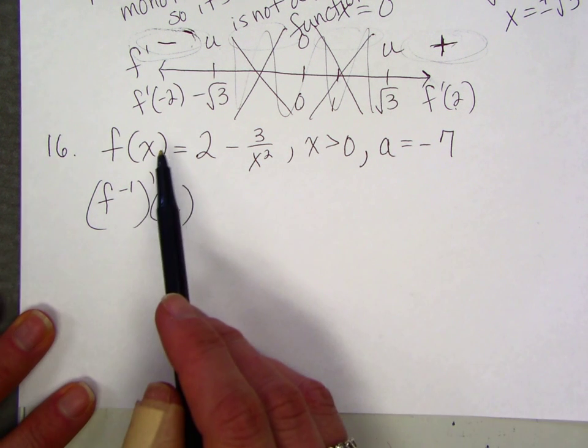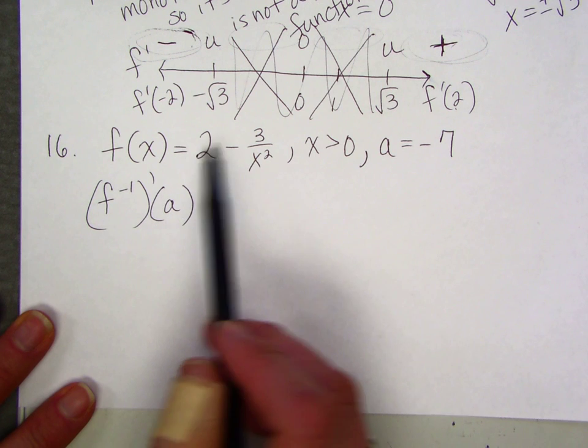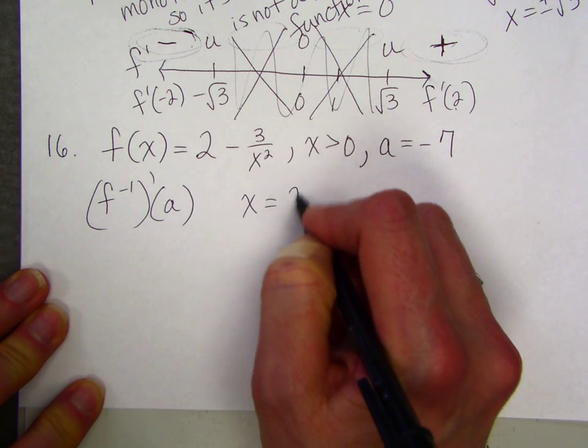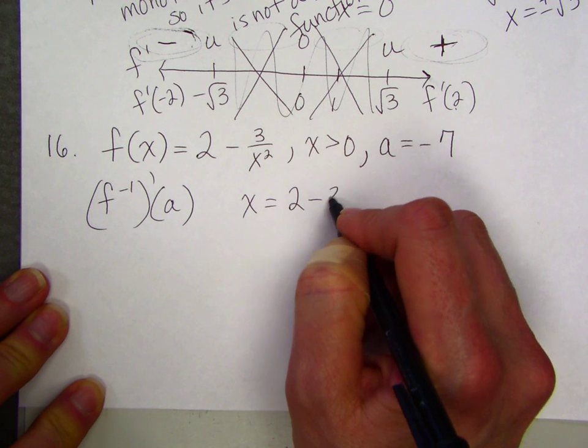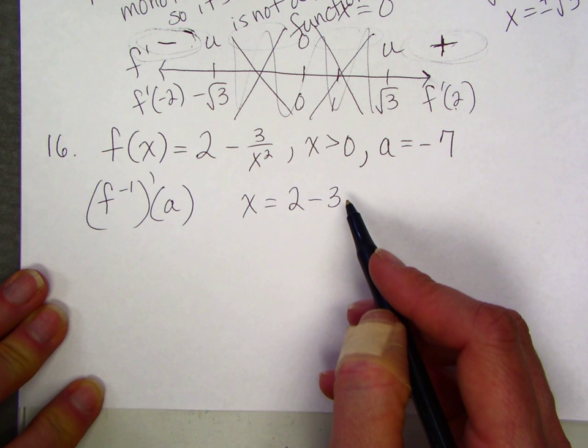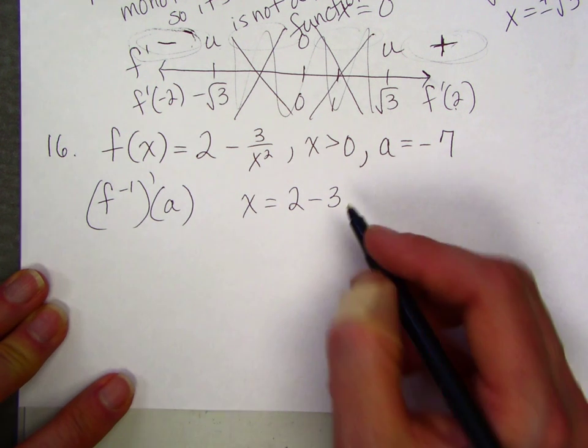And I hope you said you switch x and y. So this is normally y equals this business. We've got to write it like this. X equals 2 minus 3. Now instead of writing this over y squared, how can I write y so it's not on the bottom?